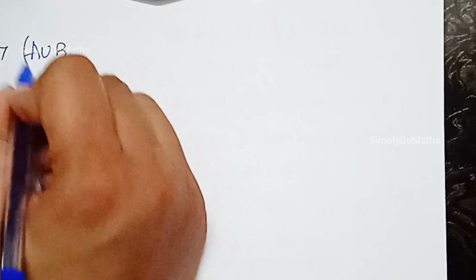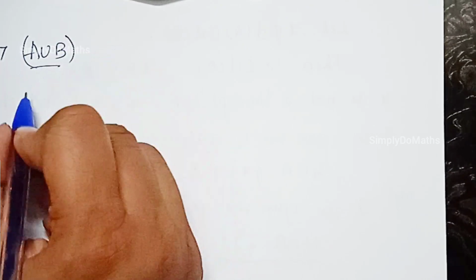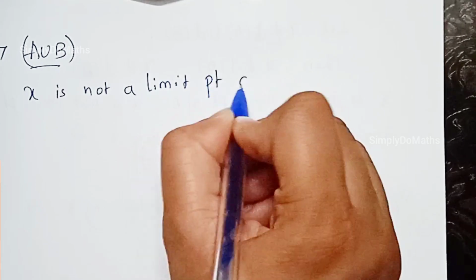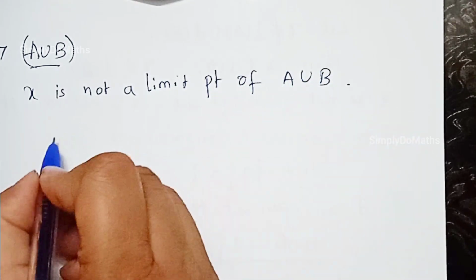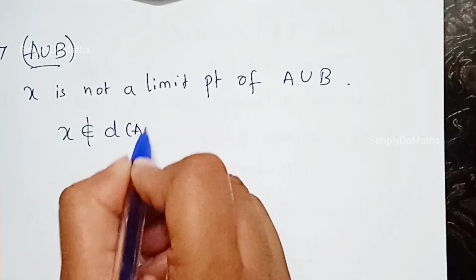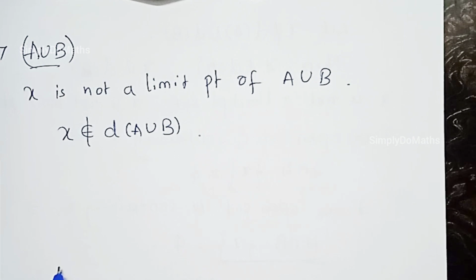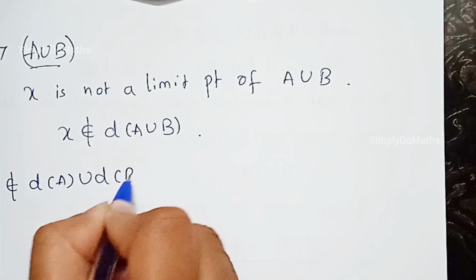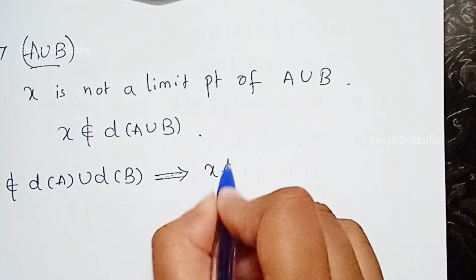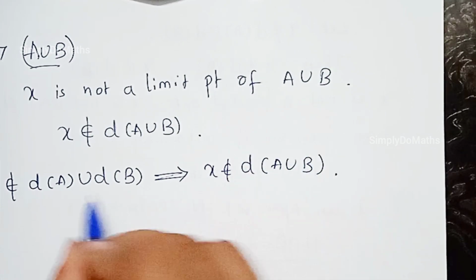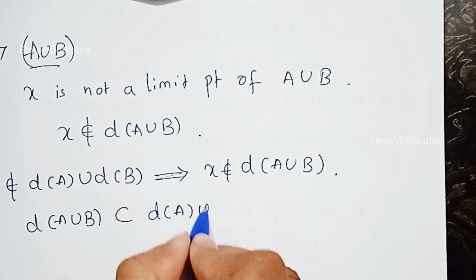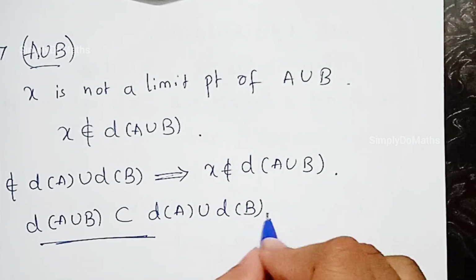This implies, for A union B we have written, that X is not a limit point of A union B. X is not a limit point of A union B implies X does not belong to the derived set of A union B. So we have taken X does not belong to the derived set of A union derived set of B. We came up to X does not belong to the derived set of A union B. By this we can write the derived set of A union B will be a subset of the derived set of A union the derived set of B. Call this equation 4.